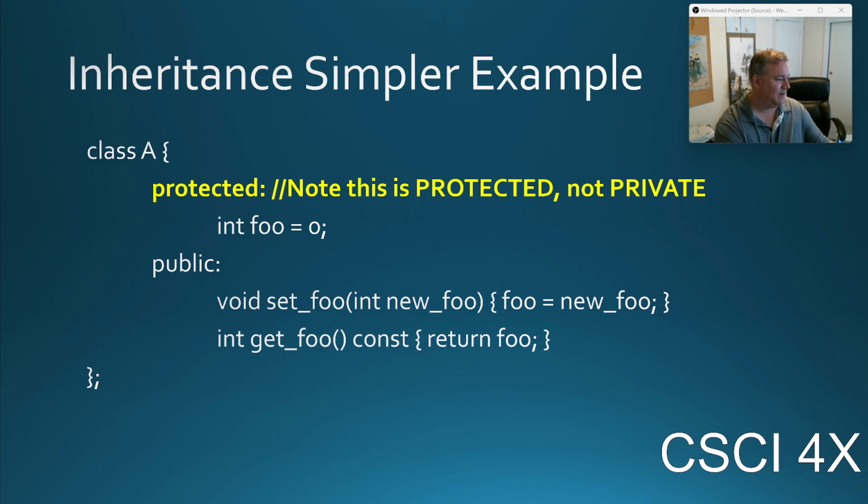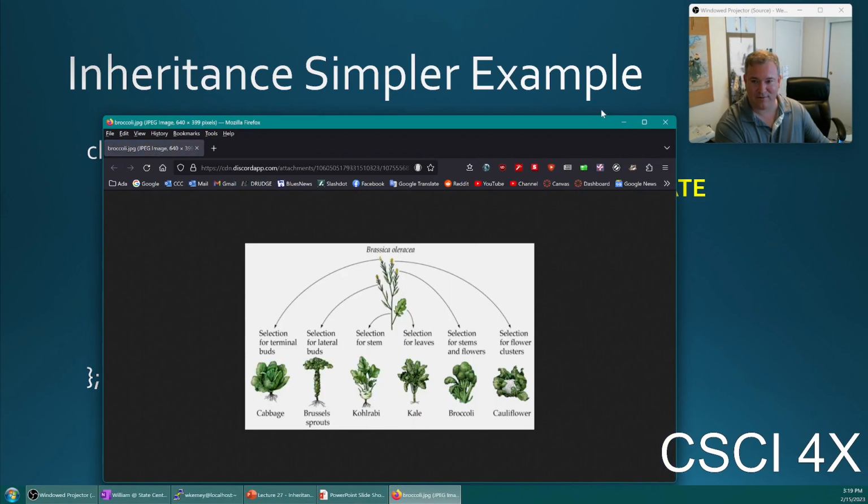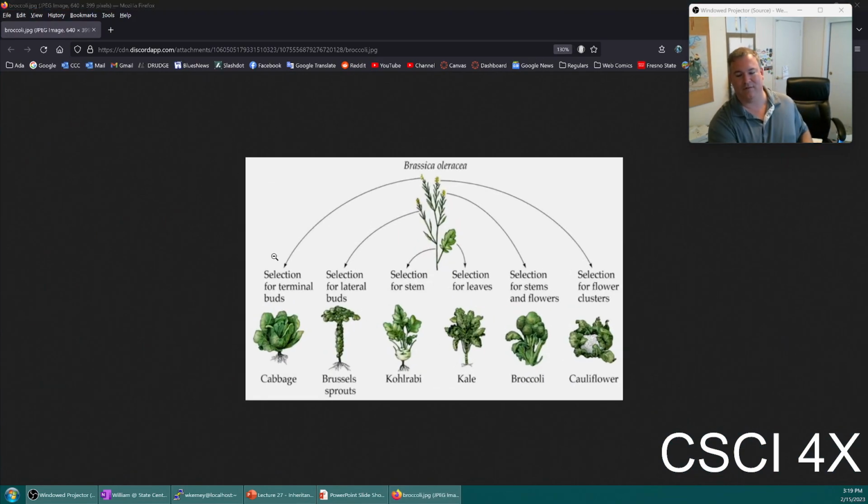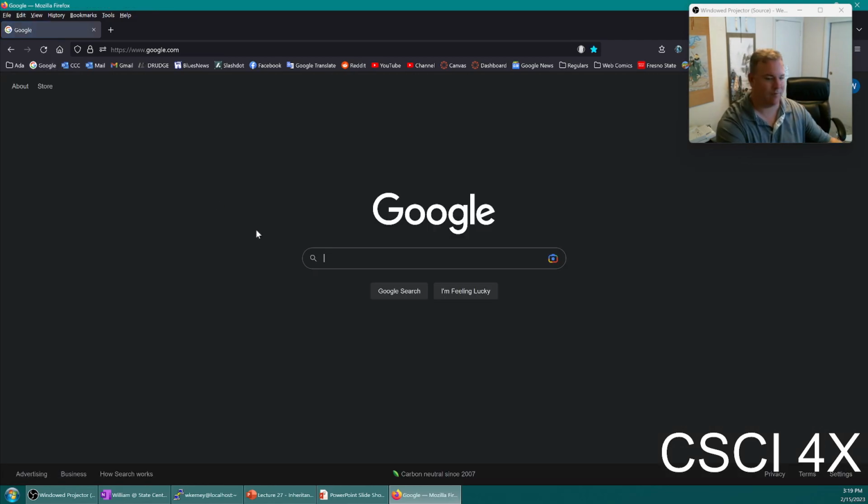So yeah, that's actually a good analogy, Megan, for a class hierarchy because you've got, oh wait, no, this isn't exactly what I was thinking of. I was thinking of more like the tree of life or something like that.